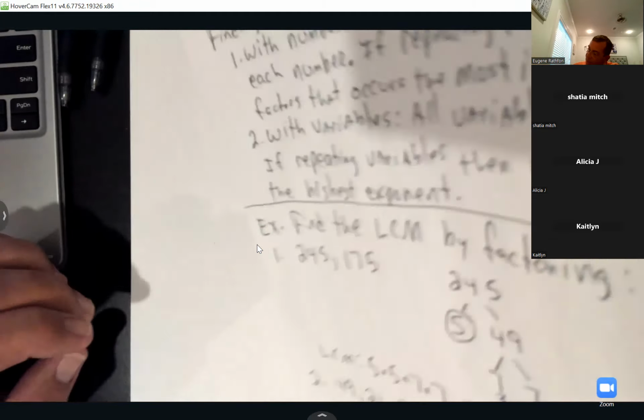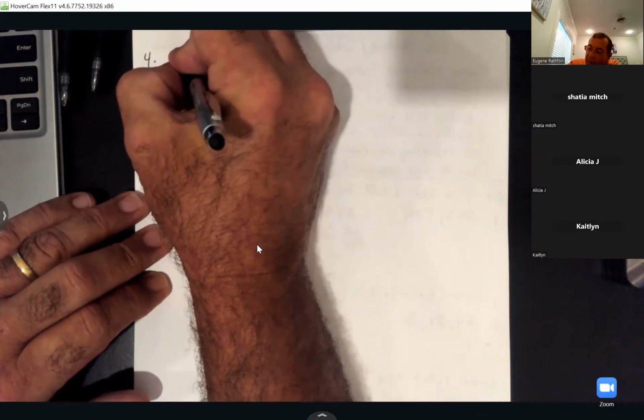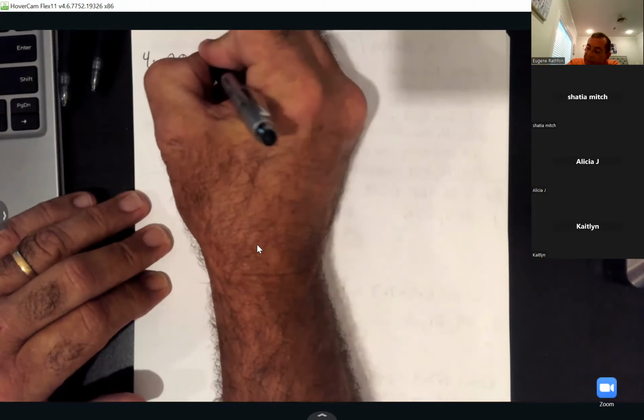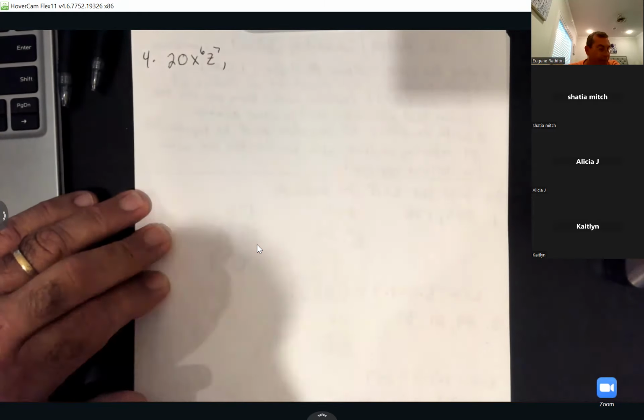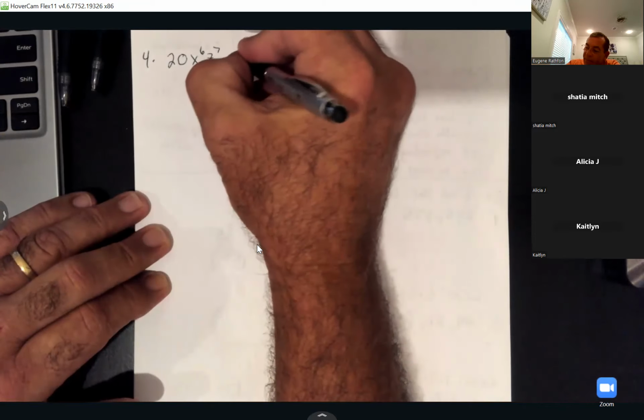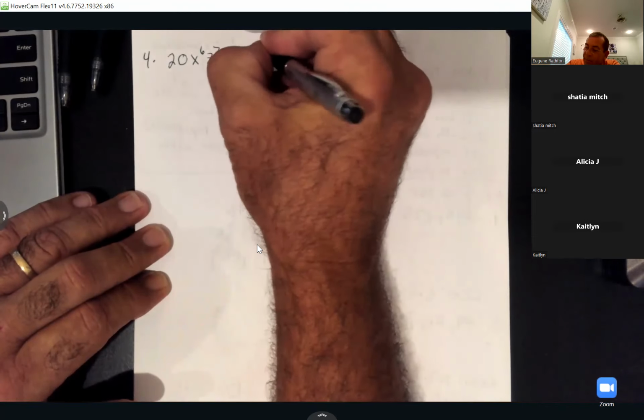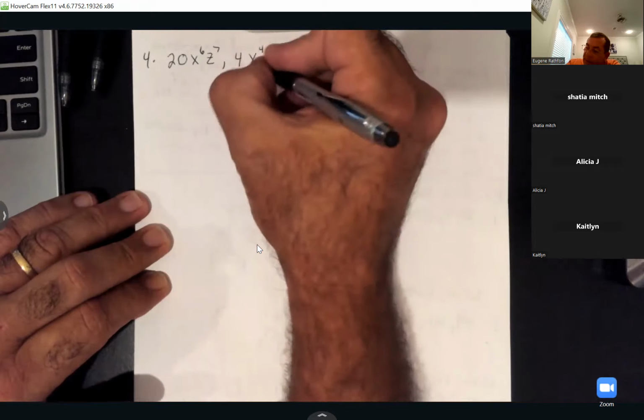So let me do this one. I forgot what number I'm on. I'm on number 4. So this one has 20 x to the 6th, z to the 7th, and then it's got a 4 x to the 4th, z to the 3rd.